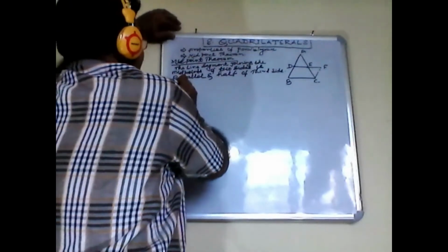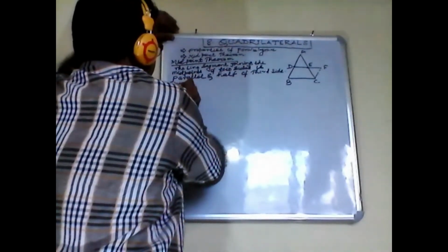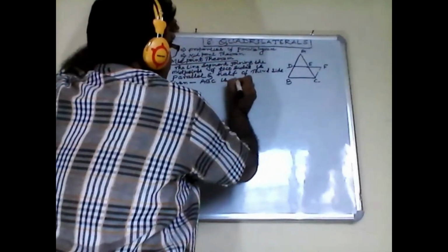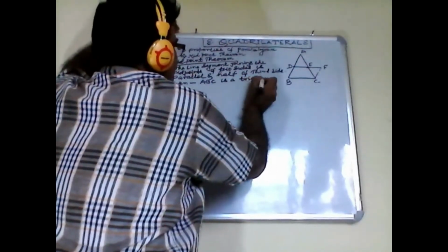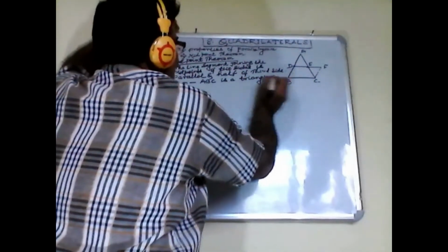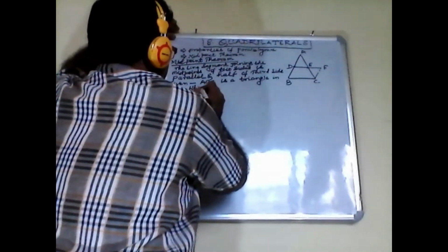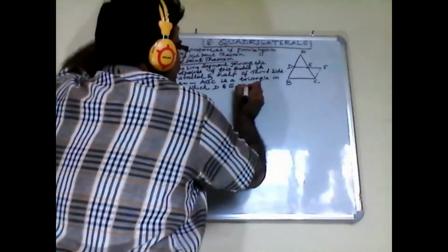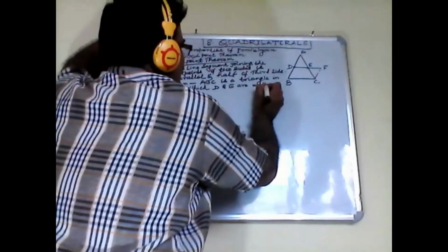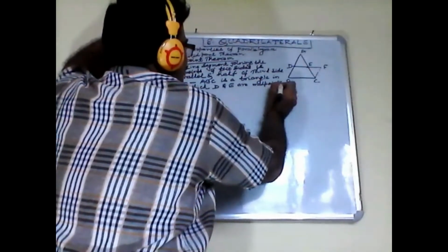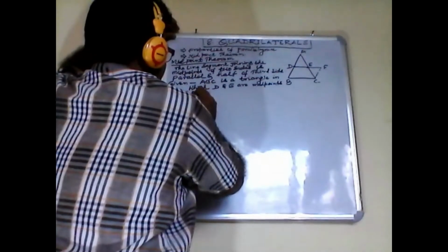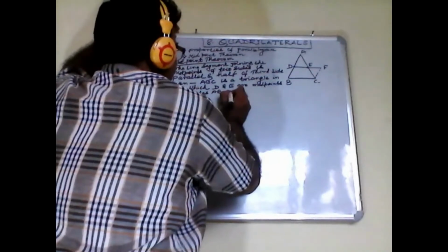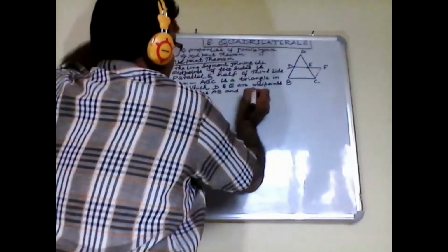For this one, you write given: ABC is a triangle in which D and E are midpoints of sides AB and AC.